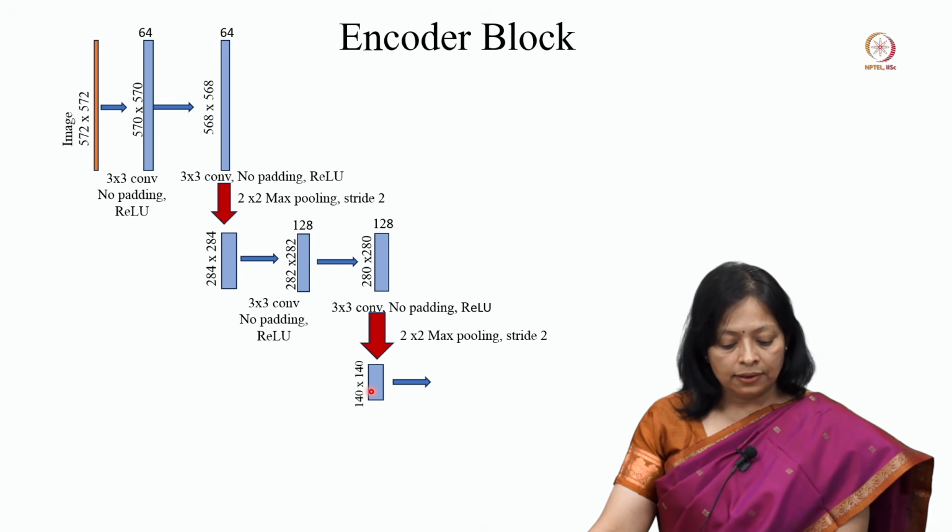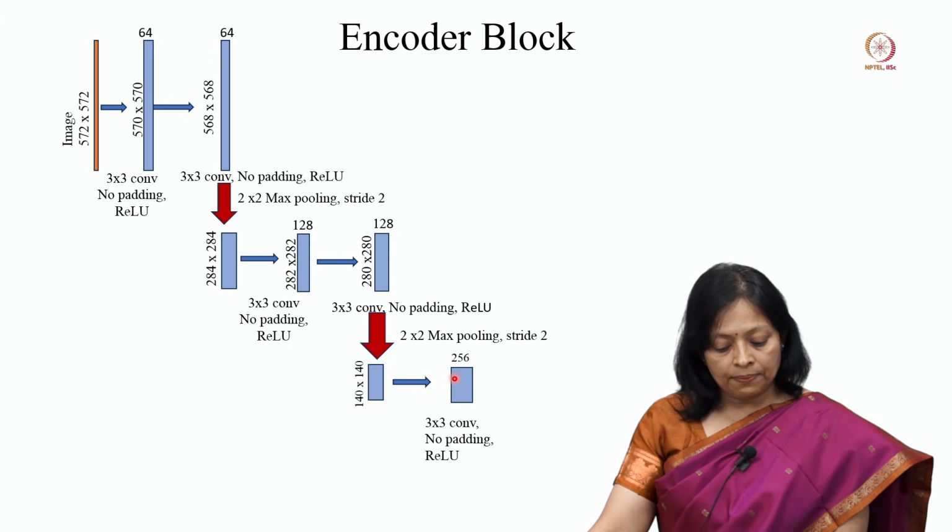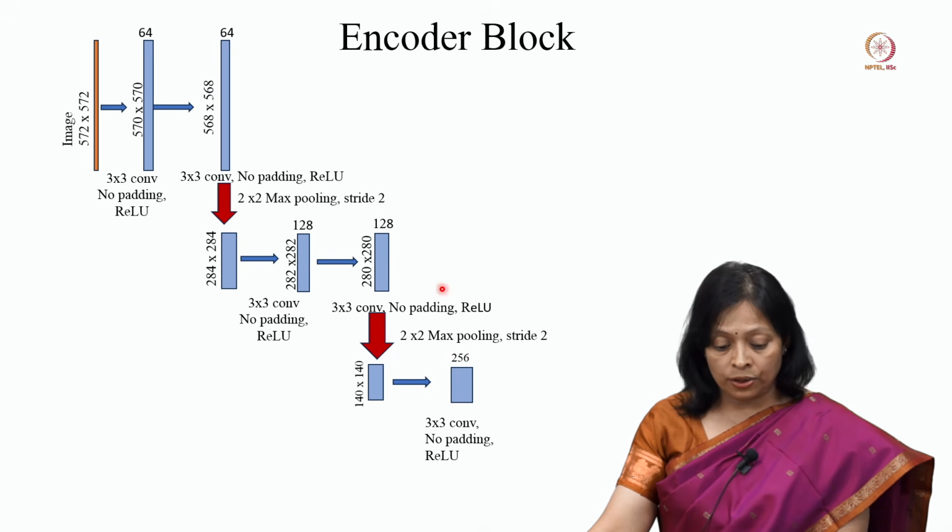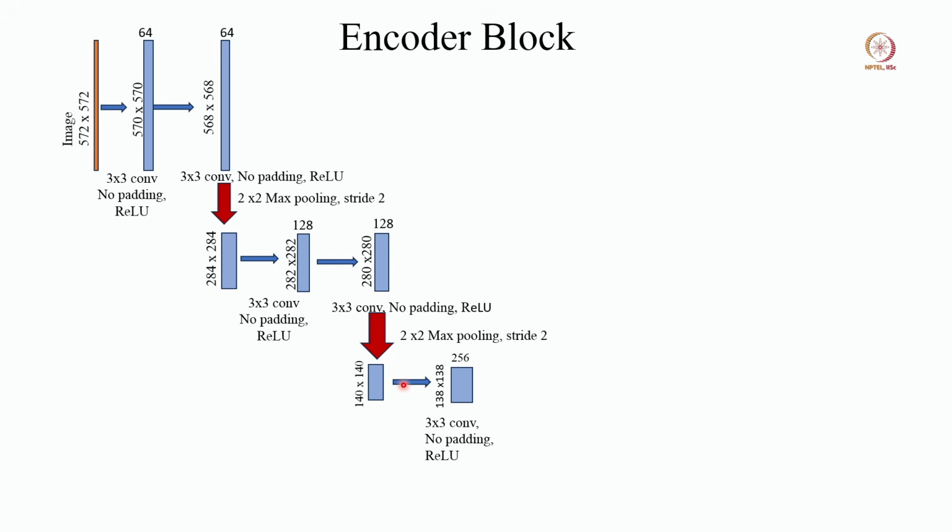Then this undergoes once again 3 cross 3 convolution, no padding, ReLU, which gives a feature map. This convolution has 256 filters, which is double of 128, and the size here is 138 cross 138. If 140 is the input size, 138 cross 138 is the output feature map size.